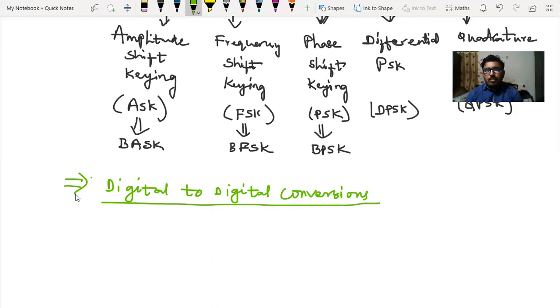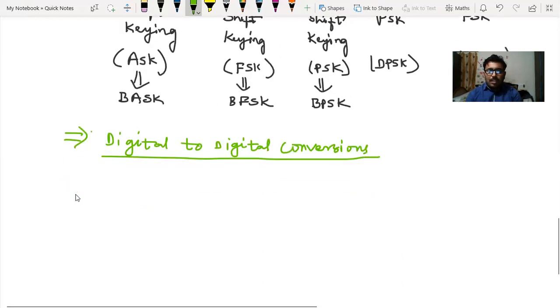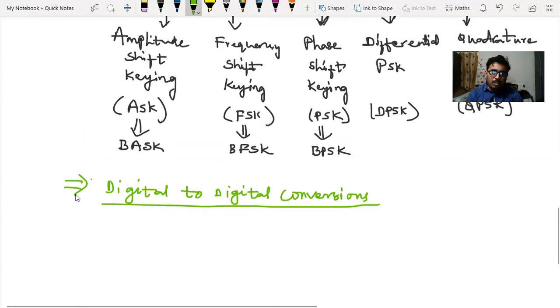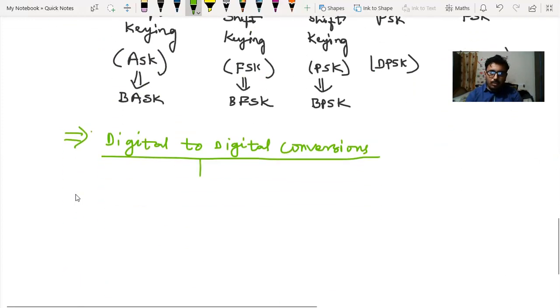Here we come across the concept of line coding mechanisms. Line coding mechanisms are used instead of the modulation process. So line coding techniques are going to be considered whenever you go for digital to digital conversion.